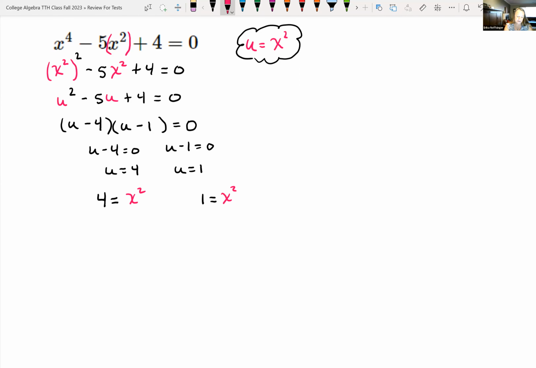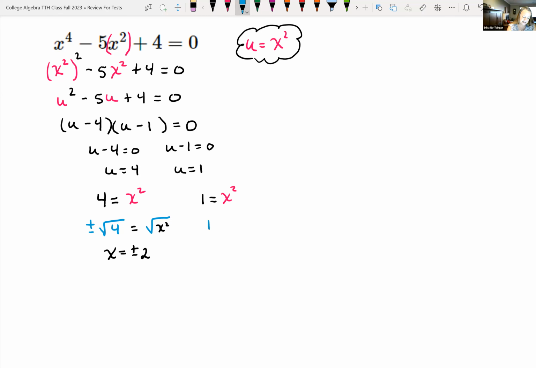So again, a couple different ways that you could approach solving for x in here. We could just take the square root of both sides, but don't forget the plus or minus. So we get the plus or minus square root of 4 is equal to the square root of x squared. So we get x is equal to plus or minus 2. Do the same thing with the other one, taking the square root of both sides.